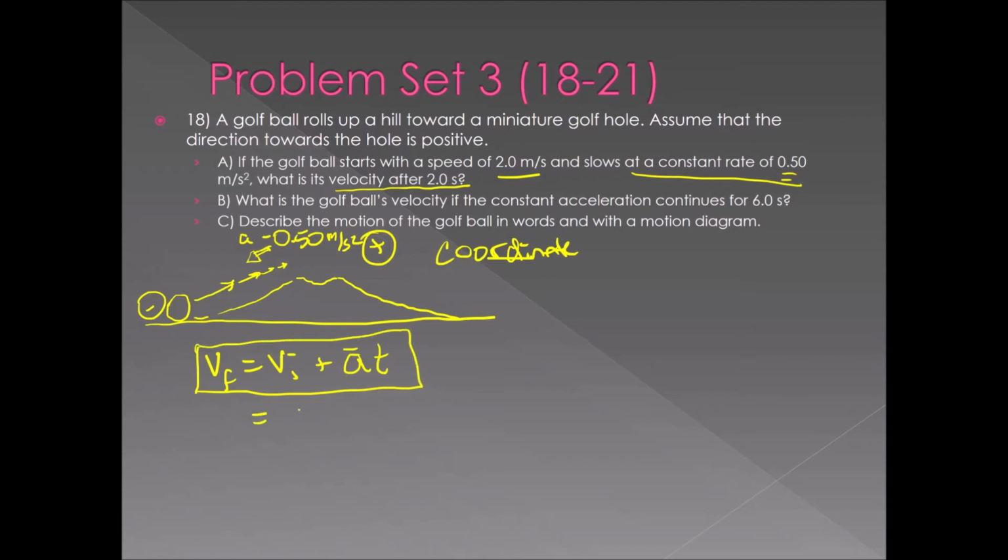My initial velocity was 2 meters per second. Its acceleration is negative 0.50 meters per second squared. Again, it's negative because the acceleration is in the opposite direction of the velocity, slowing down the ball. And our time is 2 seconds. Calculate that. Let's see what you get.